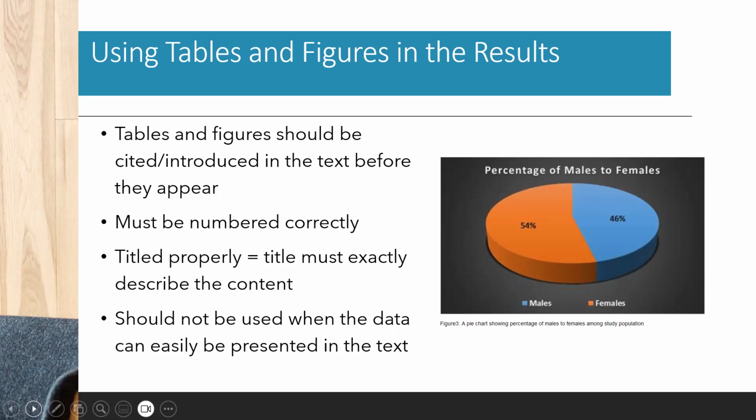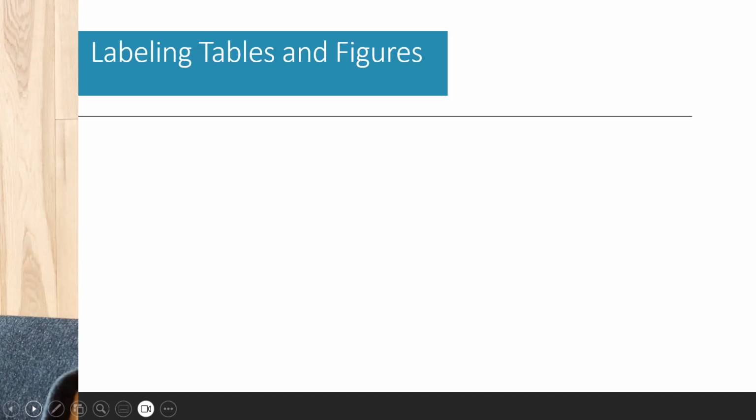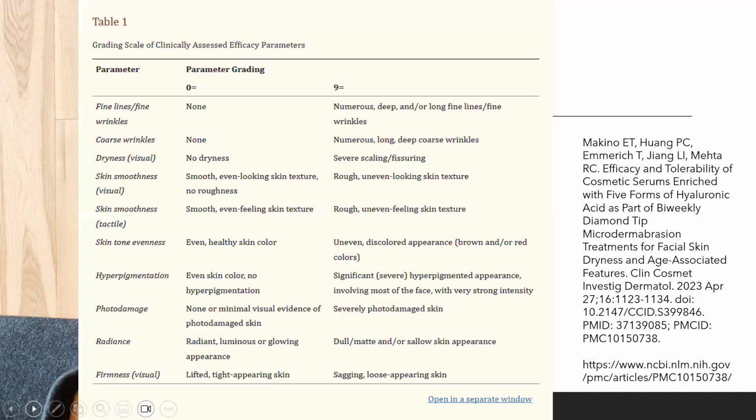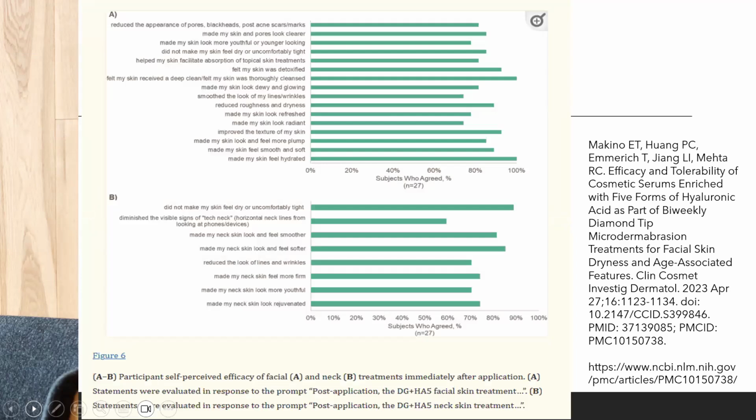So that you can save that table allowance for something that's more difficult to write down in the text. Remember that when you label tables and figures, you put the table label above and you put the figure label below.